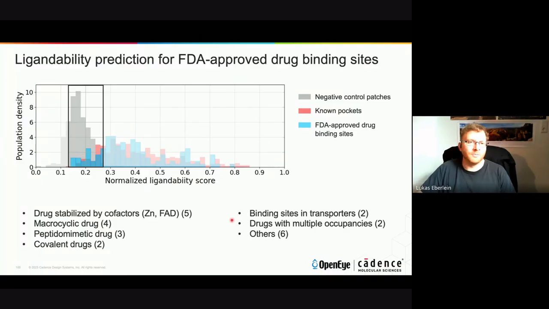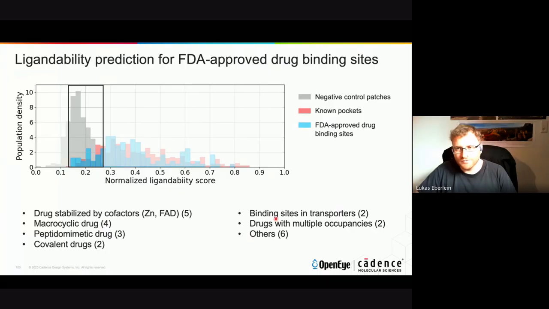So these false negatives are binding pockets that bind either due to stabilization of a cofactor, contain macrocyclic drugs, peptides or peptidomimetic drugs, covalent drugs, or some other things.